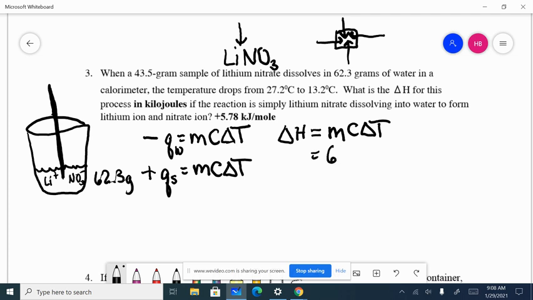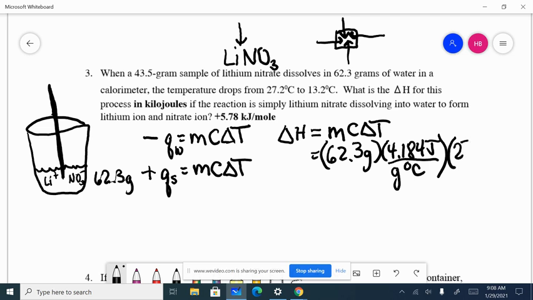So 62.3 grams of water, specific heat 4.184 joules per gram degrees Celsius, and then change in temperature, which is 27.2 minus 13.2 degrees Celsius.